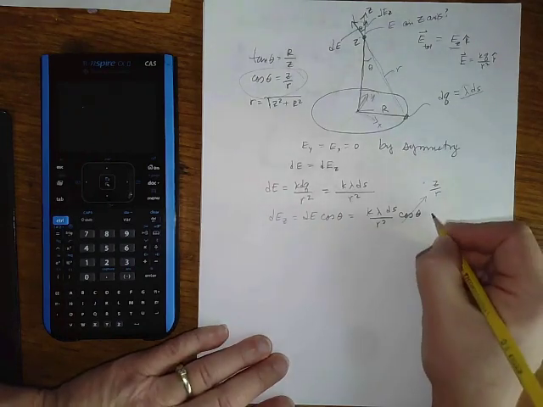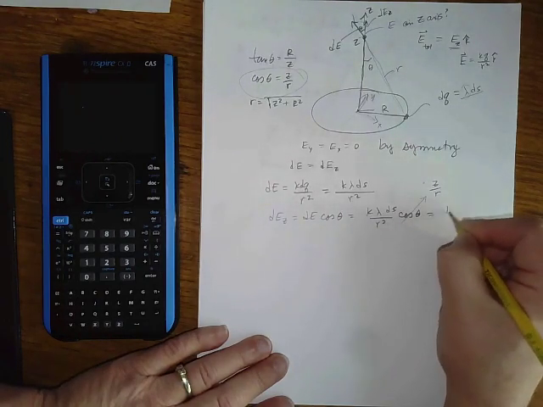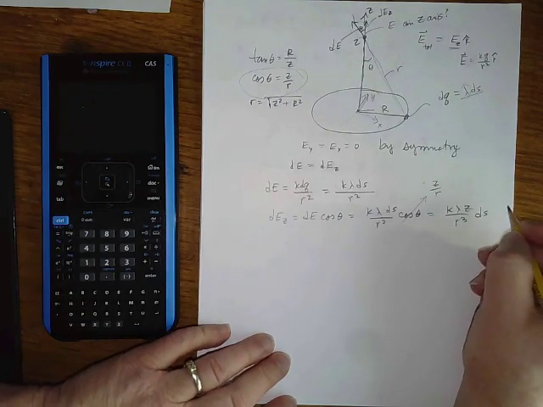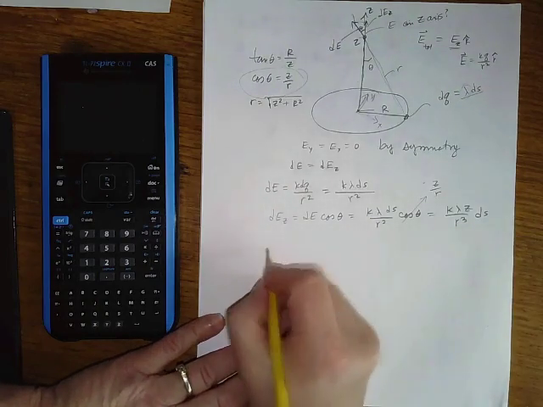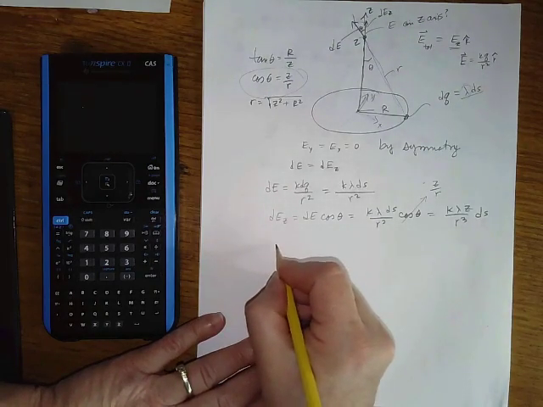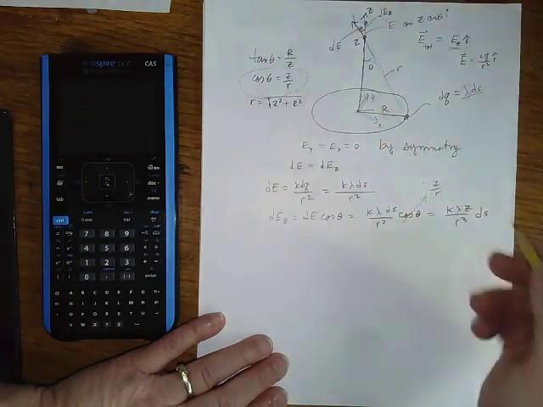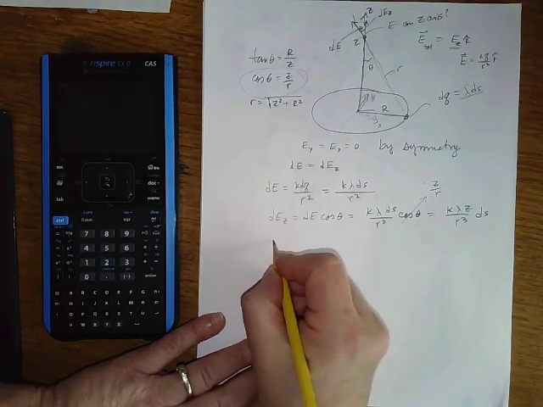We can go ahead and do that now. And so we end up with k lambda z over r cubed ds. And we can go ahead and integrate. R is a constant. Z is actually a constant for what we're considering, so I didn't actually have to do that step there, but we'll go ahead.